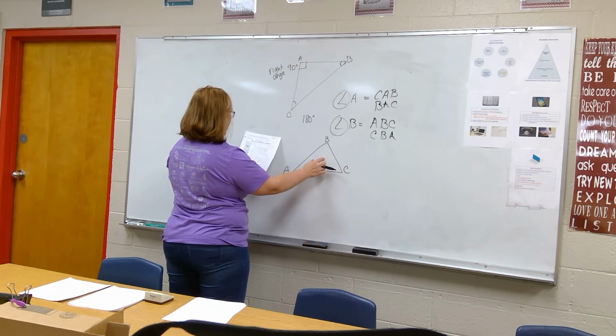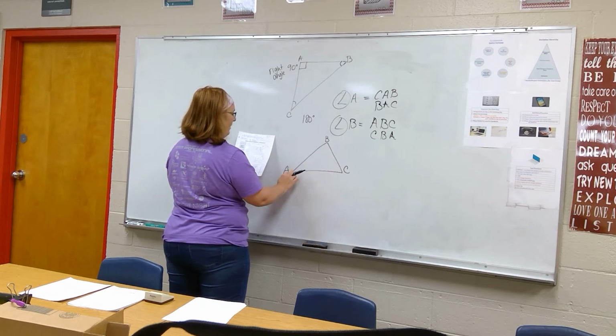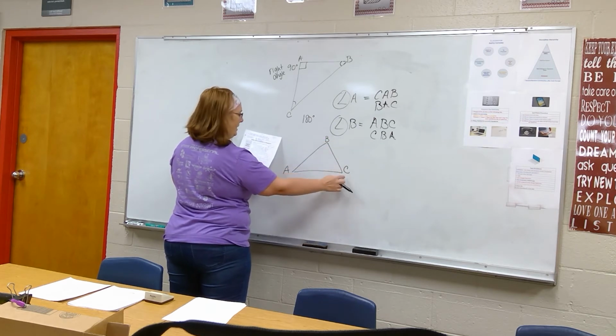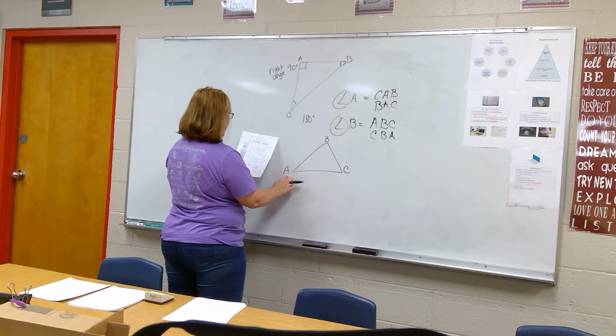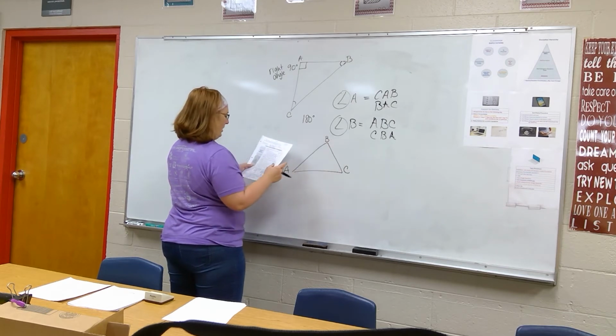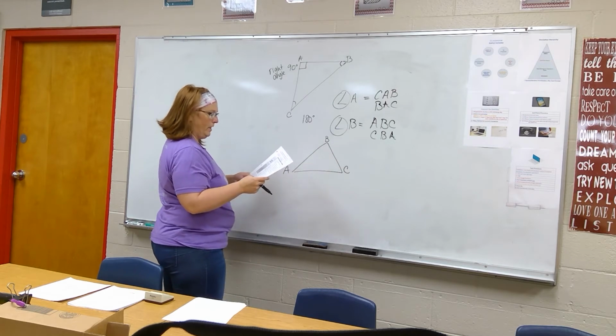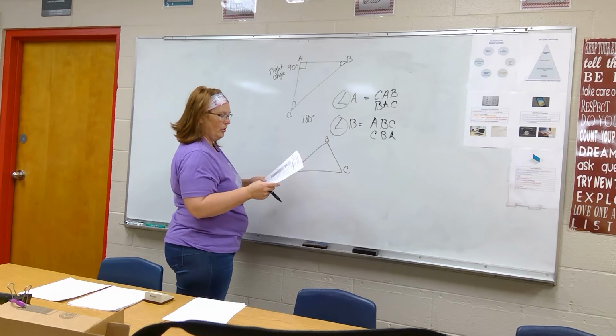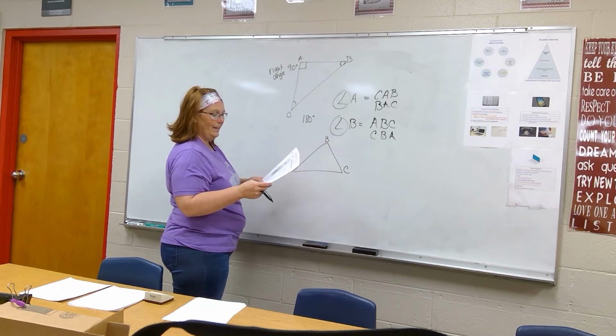The side AB corresponds with angle C, so A and B go with C. B and C correspond with A. C and A correspond with B. They all have to work together. The smallest angle will be opposite the shortest side, while the largest angle will be opposite the largest side. A side is congruent to another side if it is an equal length.